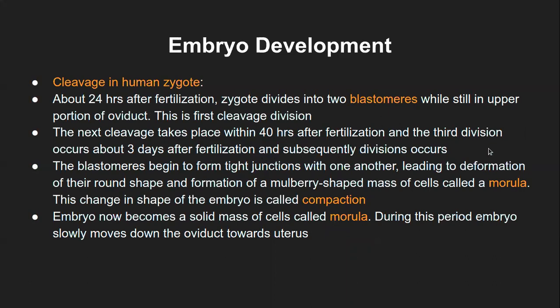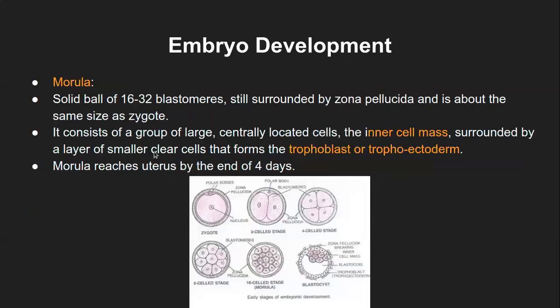By then the third, fourth division will also happen by the end of the third day. So this solid ball of 16 to 32 blastomeres still is surrounded by the zona pellucida. Now zona pellucida is from the Graafian follicle structure, and the secondary oocyte which has turned into the final ovum has fused with the sperm.